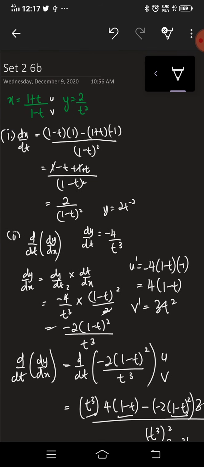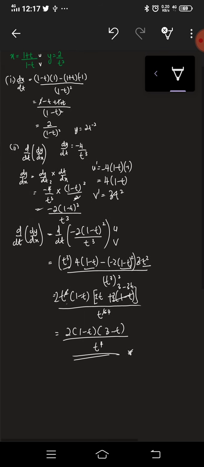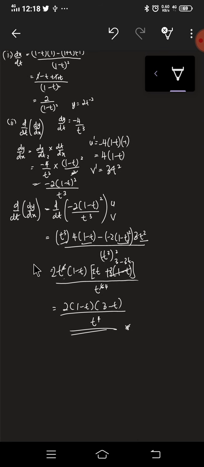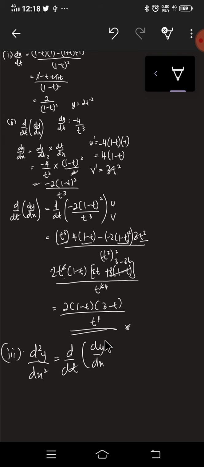The next question is to find the value of d squared y/dx squared at the point (3, 8). So what do we have from question 2? We have d/dt of dy/dx. So to find the second derivative with respect to x, it is equal to d/dt of dy/dx multiplied with dt/dx.